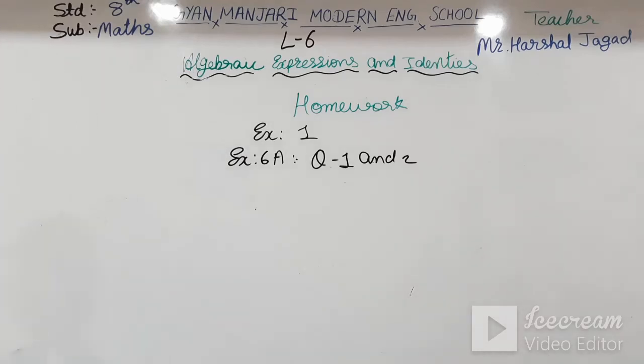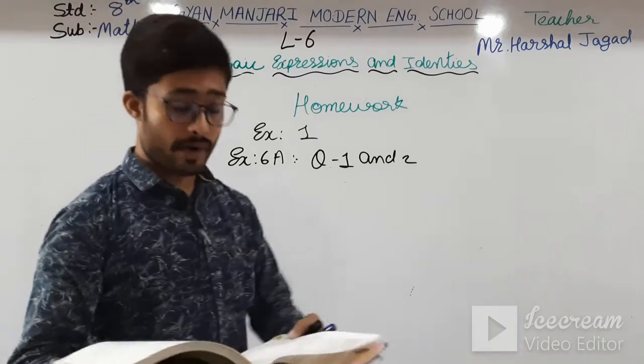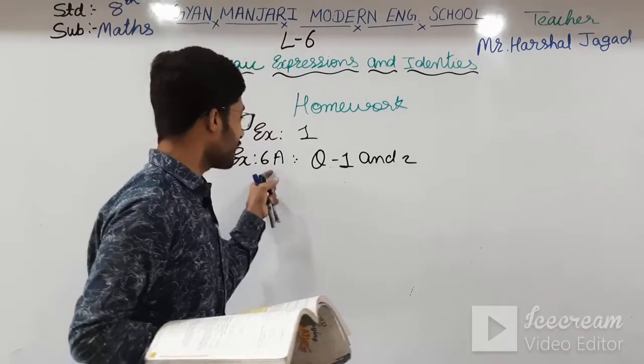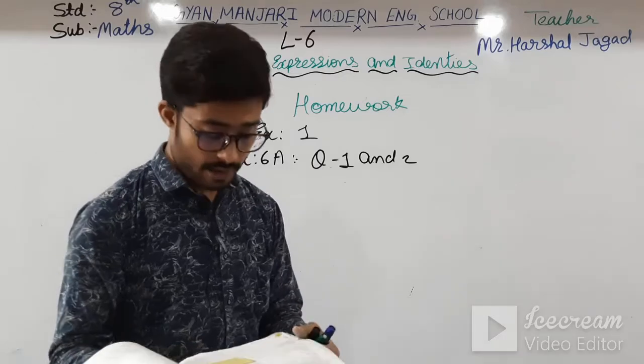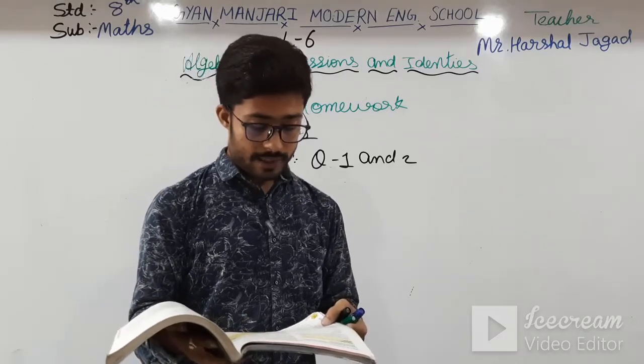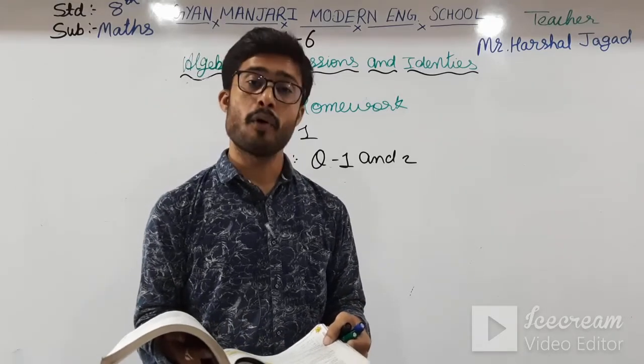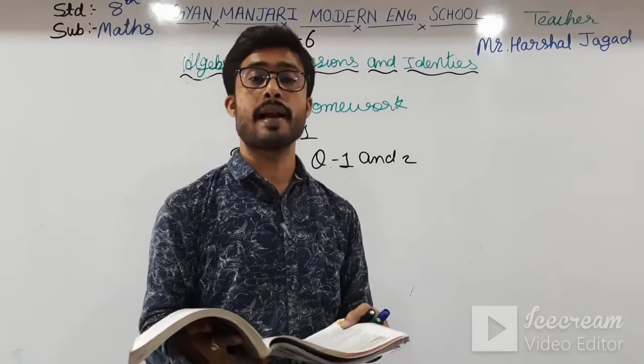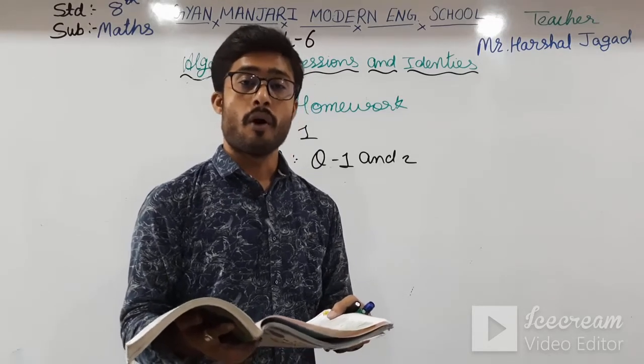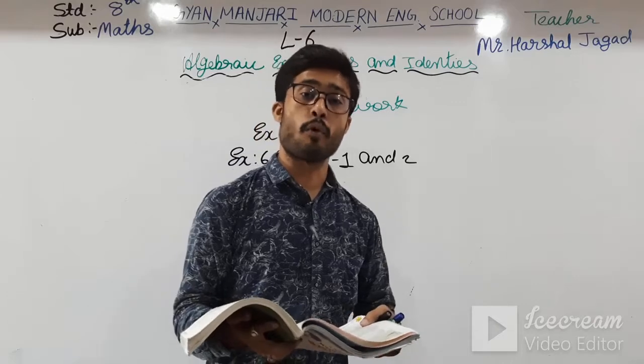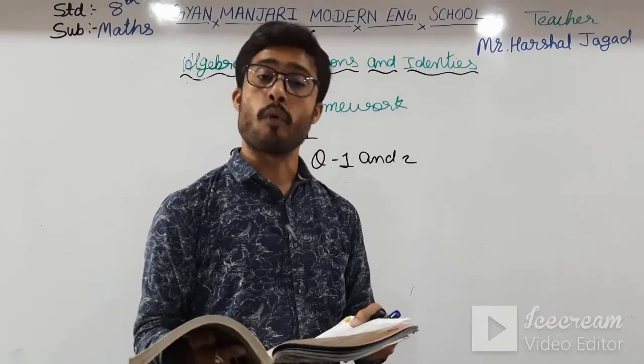So, let me say what you have to do. In exercise 6a, question number 1, which of the following expressions are polynomials? You have to only write yes or no, or make a table of which are polynomials and which are not polynomials.